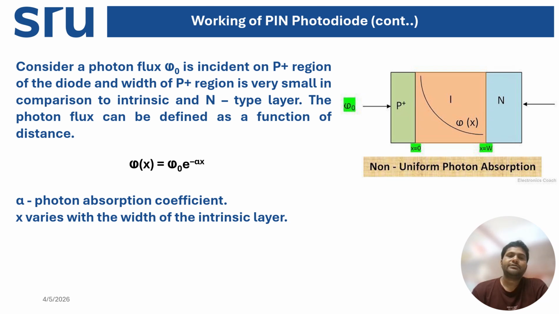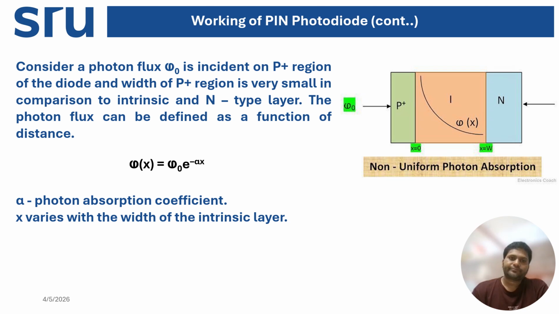As light travels deeper into the intrinsic layer, its intensity gradually decreases due to absorption. We can see in that picture this variation is mathematically expressed as phi x is equal to phi naught e raised to the power minus alpha x.